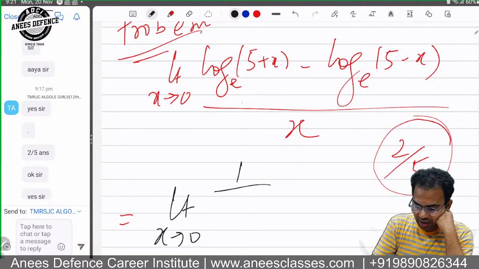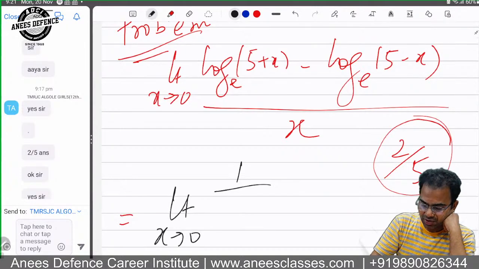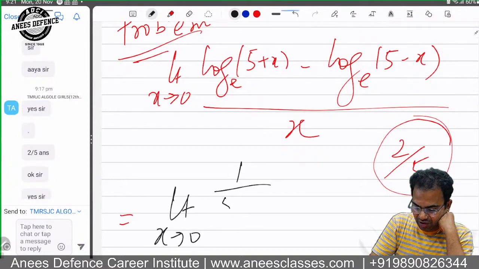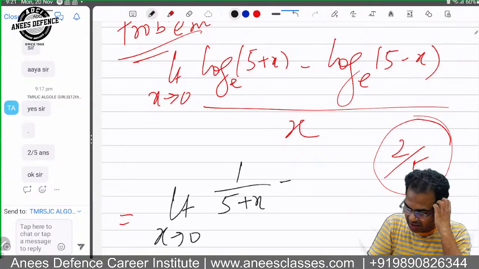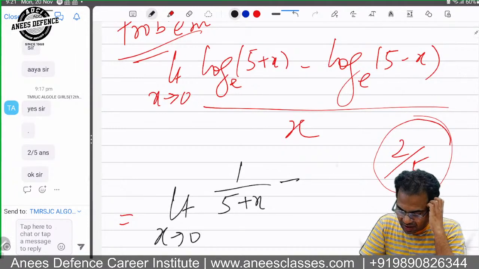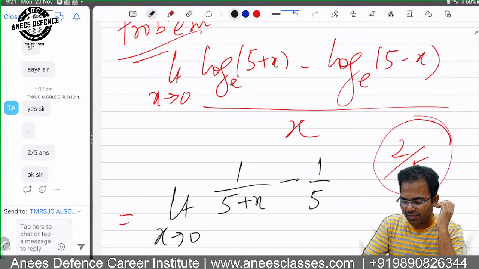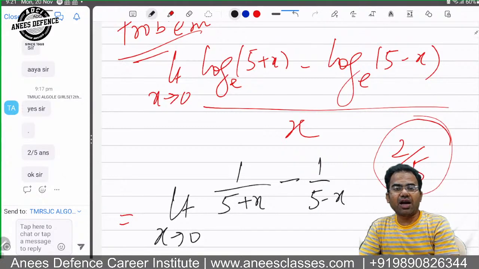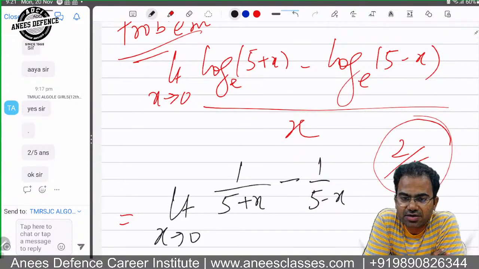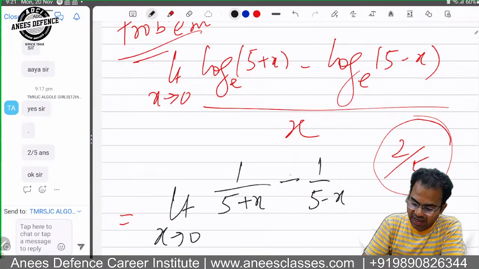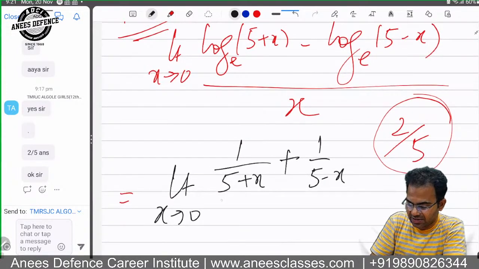Right? So your base is already e, so differentiation of log is 1 upon x. In place of x, I have 5 plus x, and differentiation of x is 1. Here, differentiation of log 5 minus x is 1 upon 5 minus x, and differentiation of 5 minus x is minus 1, so here you will get plus.